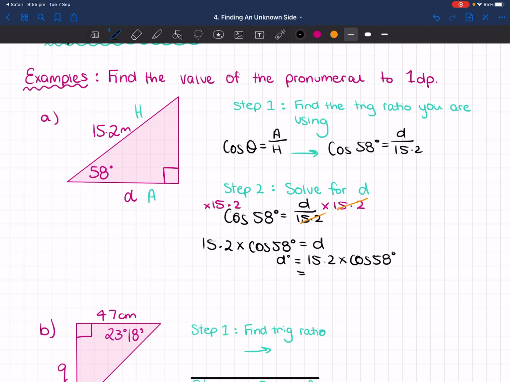Then all you're going to do is put that straight into your calculator. Type 15.2 times cos of 58 and press equals, and you're going to get 8.054, which rounds to 8.1 meters.